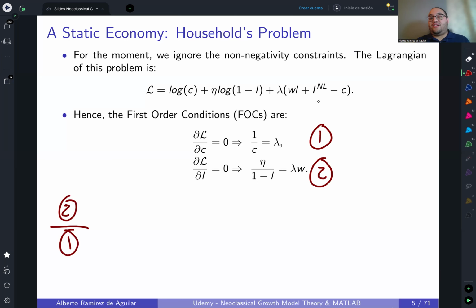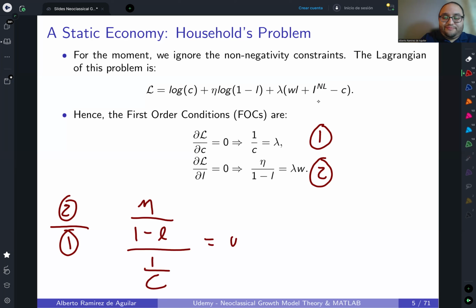This is a usual optimization trick, because by doing that, the lambdas will cancel and I will get eta over 1 minus L divided by 1 over C equals W. And if I manipulate this, I will get eta C over 1 minus L equals W, okay?